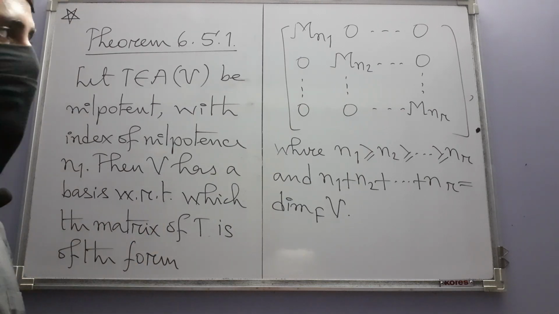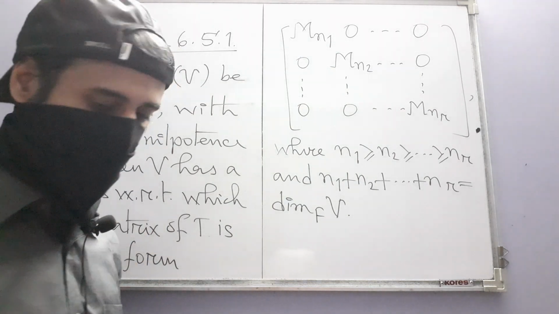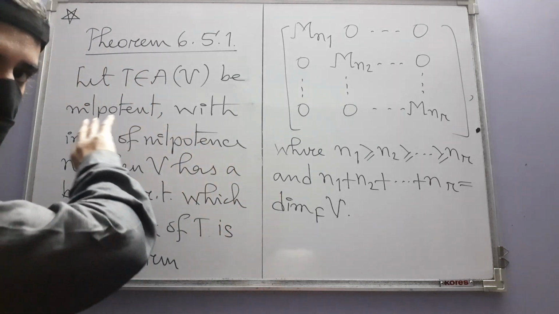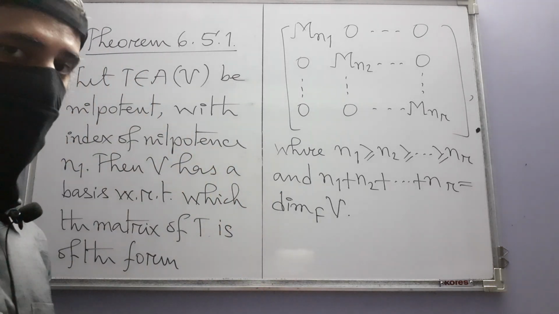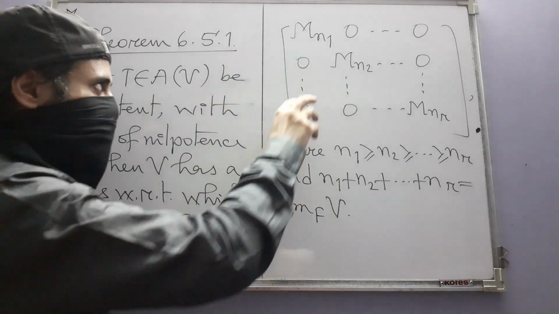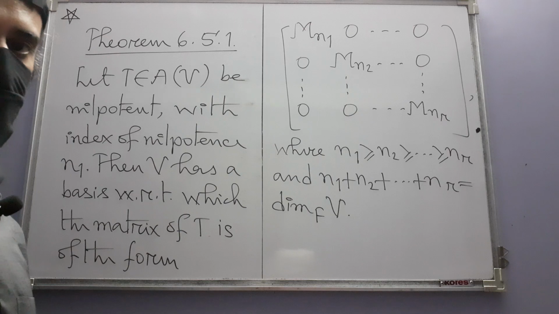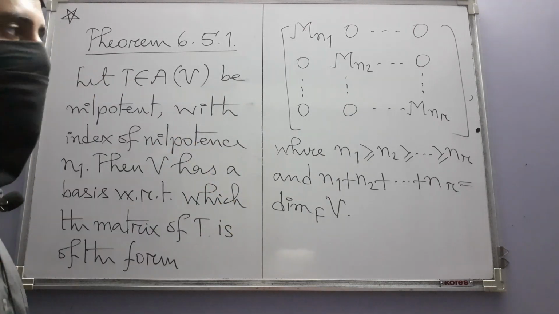Okay, so this is the result, and you can see that here, unlike in other matrices, for example the one before the previous result, we do know what the entries in these blocks are, because these M's are those matrices.